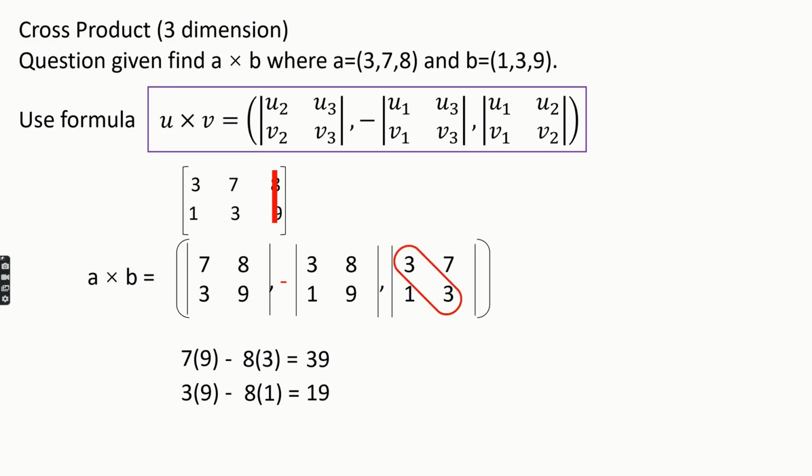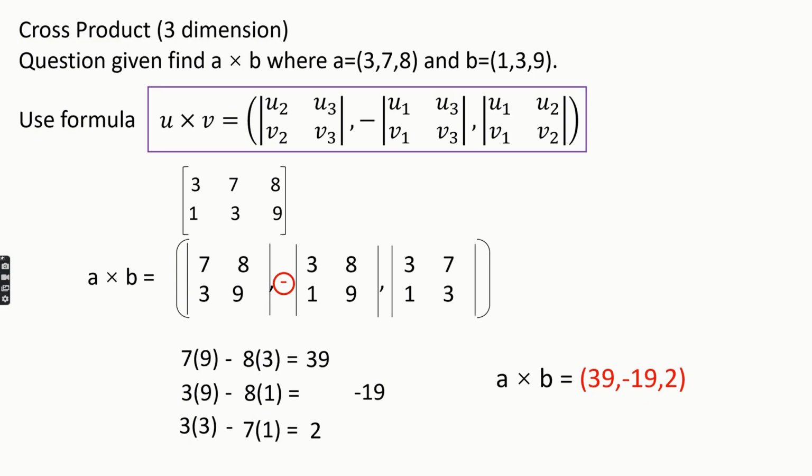For the third column, we write out 3 multiplied by 3 minus 7 multiplied by 1, so we get 2. Since there is a minus sign on column 2, we have to change the number of column 2 into negative 19. Then we get the cross product of a and b as (39, -19, 2).